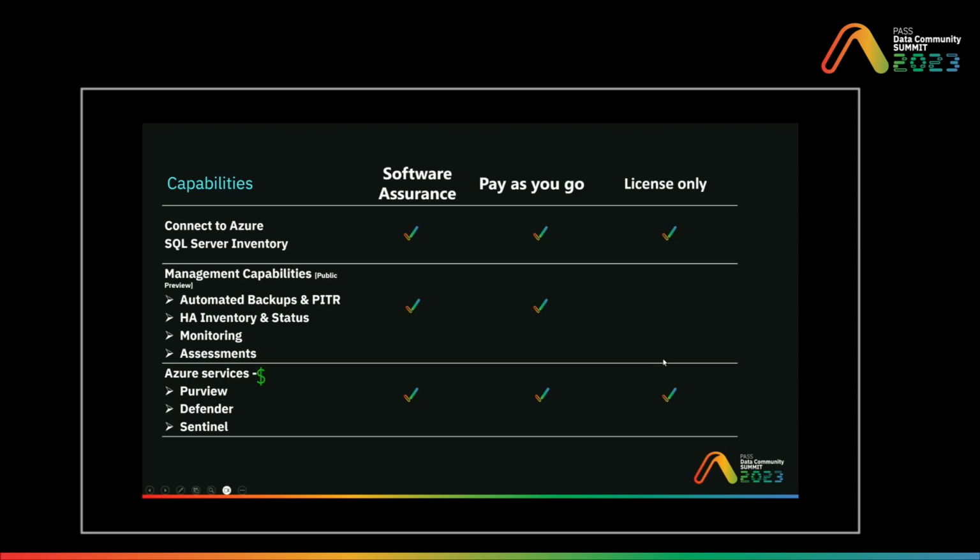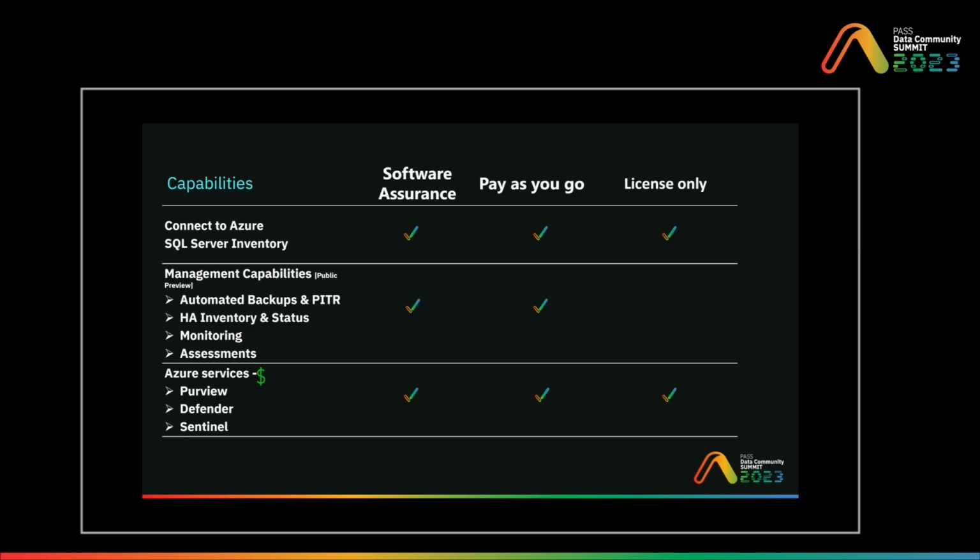The very first bucket is the basic connectivity to Arc, right? That's the first thing. And you're not paying for any of the Arc connectivity to begin with. What you are doing is you are telling us in Arc what type of license you already have for your SQL Server. You might already have a Software Assurance license that you already paid for your SQL Servers.